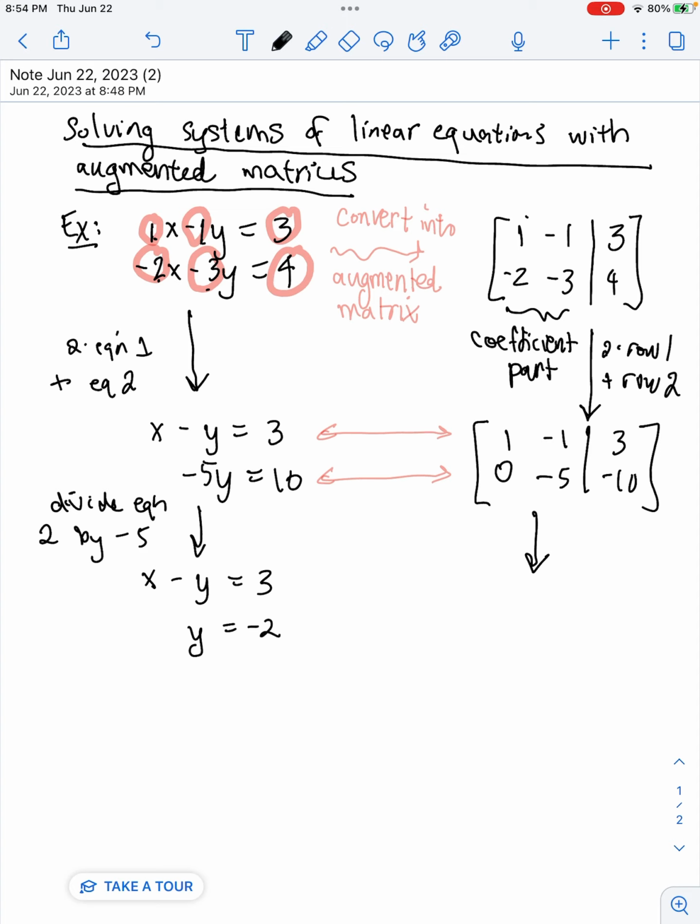So you would divide row 2 by negative 5, and you're going to get 1, negative 1, 3, 0, 1. Oh, wait, I messed up. This should be a positive 10. So you get negative 2 here.